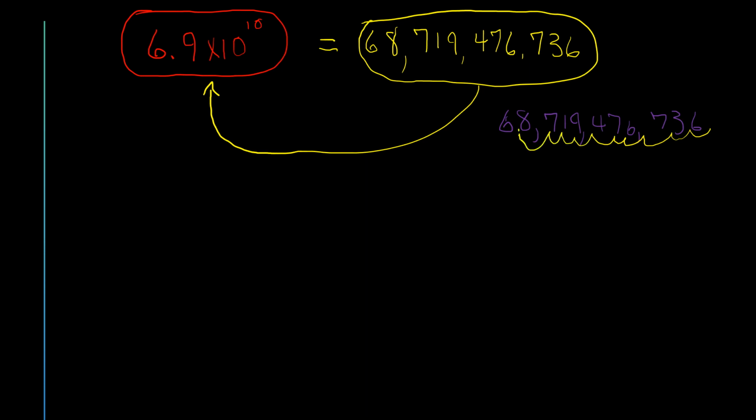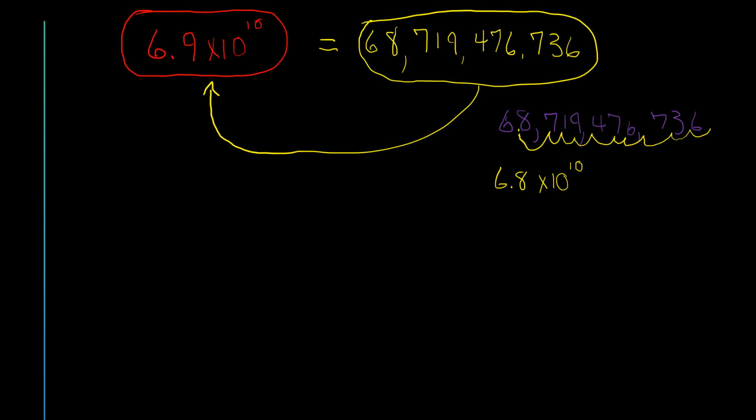You do not go past that first number. So that's how you get the 6.8 times 10. How many places did we move? We moved 10 places to the left. That's how we got the 10 right there: 6.8 times 10 to the 10th power.